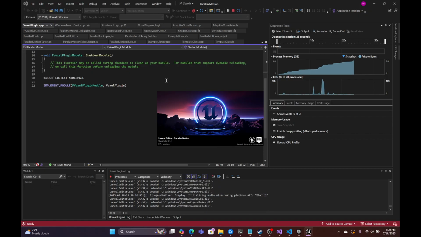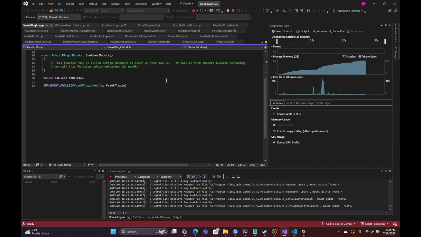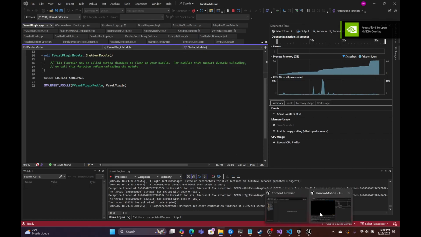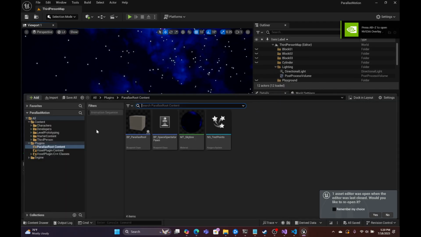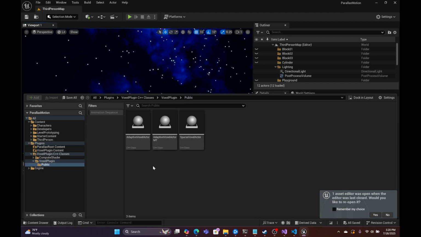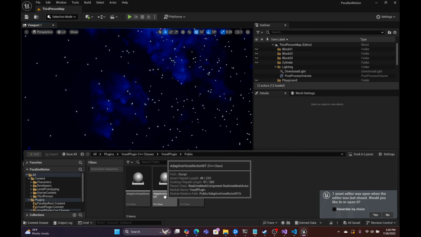Alright, so far so good. No breakpoints either. I think I got it. I think it's gonna work this time. Okay. Oh, this is marching tetrahedra.